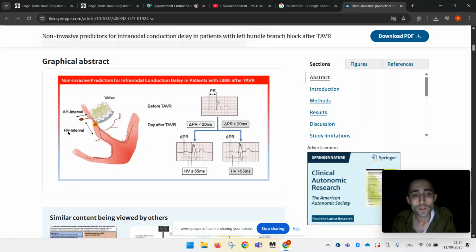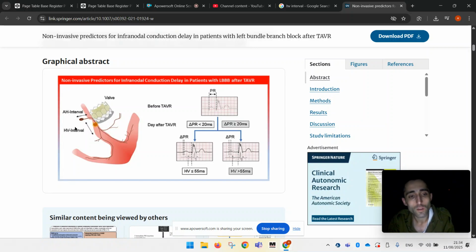And in electrophysiological study, you can measure the HV interval and understand how diseased the bundle of His and bundle branches are. So this was a very basic understanding of the HV interval, which tells you about the health of the His and bundle branches until the ventricles, namely infranodal blocks, and the risk for the patient to develop a block.